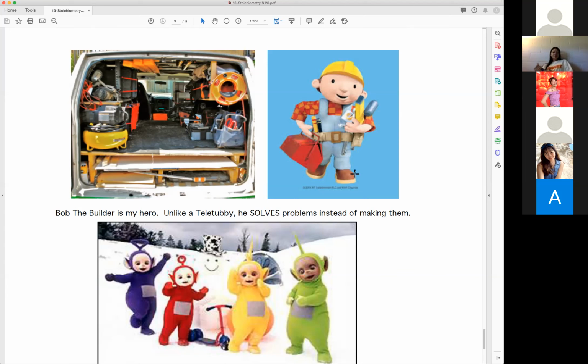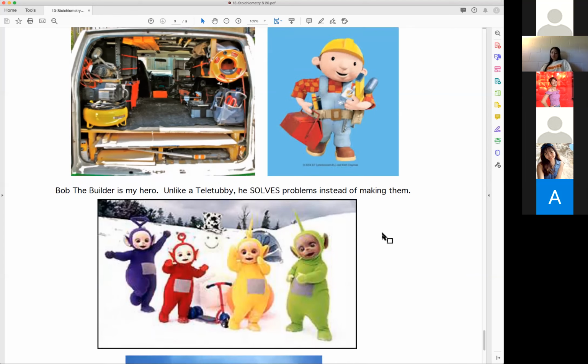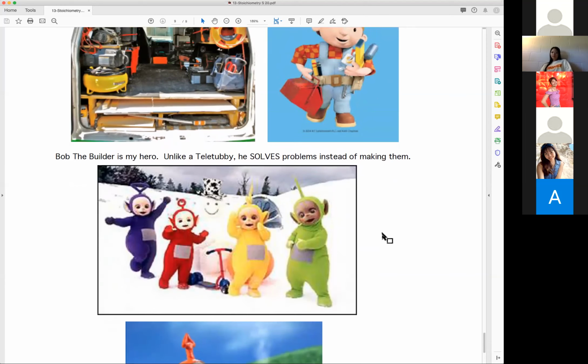But Bob the Builder, he's my hero because he solves problems. He doesn't create problems, he solves problems. And then these guys. Did you guys watch Teletubbies when you were younger? Or maybe you still do, I don't know. And it's okay, not judging.